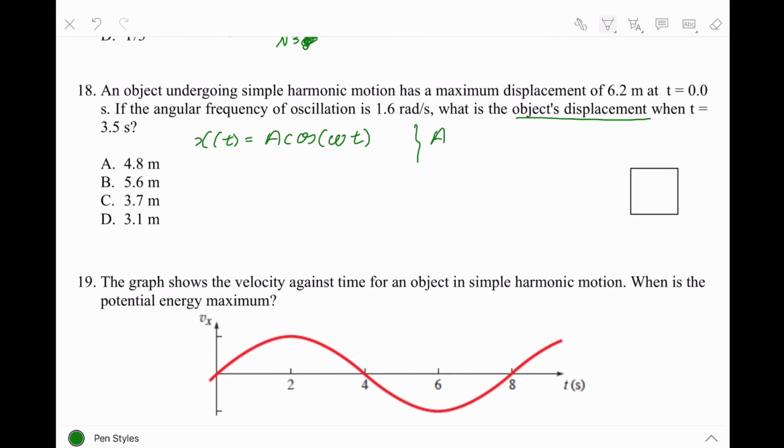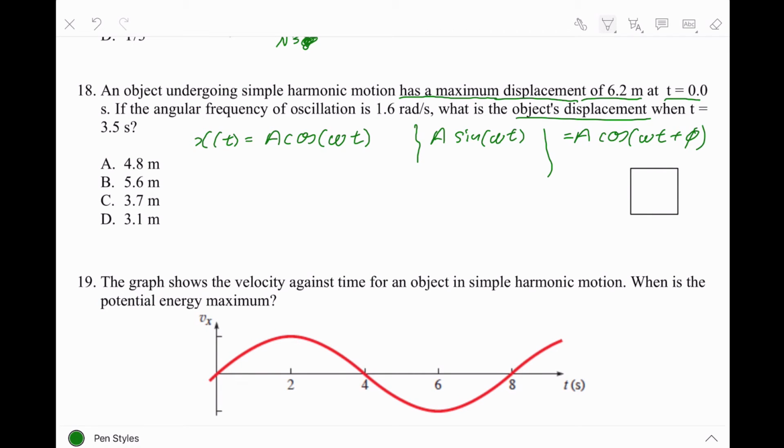You can write sine omega t, or you can write cosine omega t plus phi, where phi is what we call the phase angle. Therefore, it is important to know which equation you use, sine, cosine, or a general equation. The hint is here: it has a maximum displacement at t equal to 0.